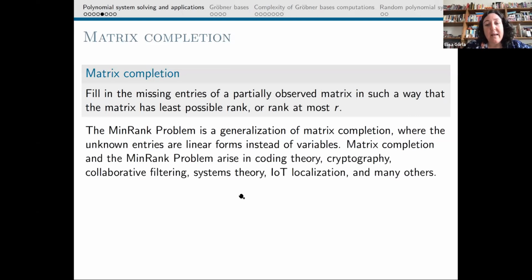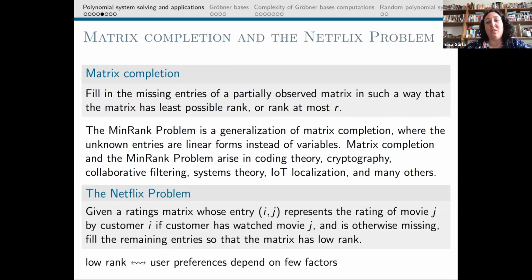Okay, and these 2 problems, matrix completion and min rank, arise in many areas. As I said, I mentioned coding theory, and we will see that it comes also in cryptography. And I will now make another example of a problem which has to do with matrix completion, and this is the Netflix problem.